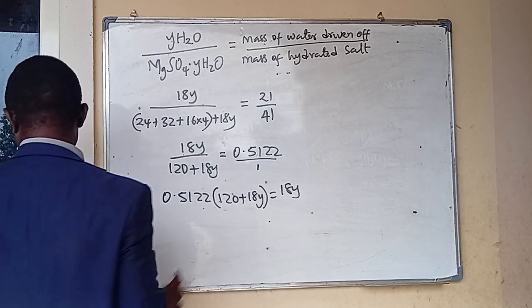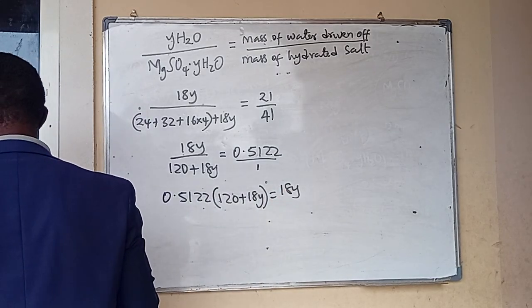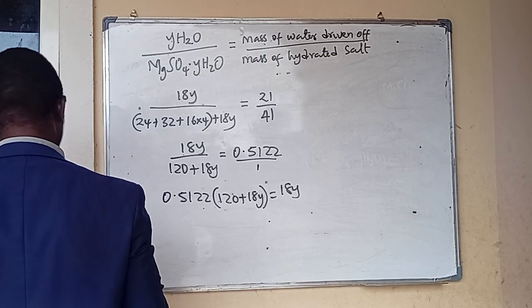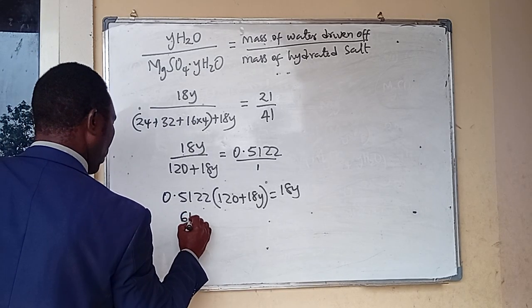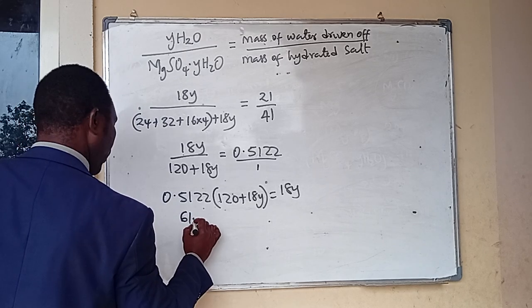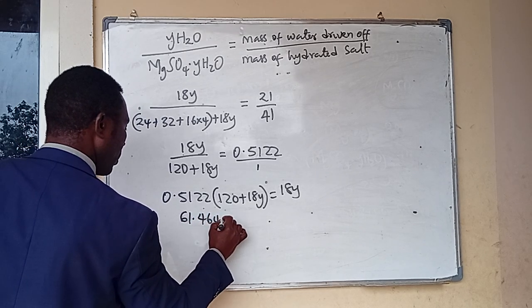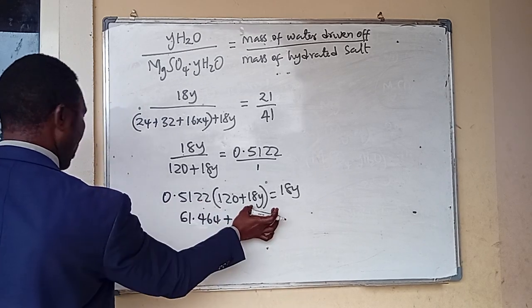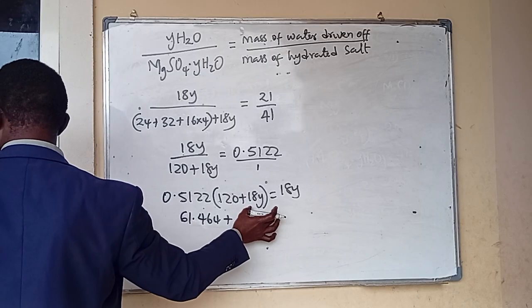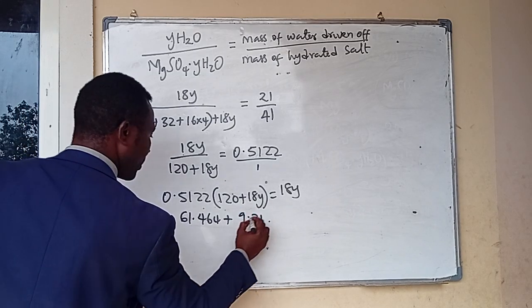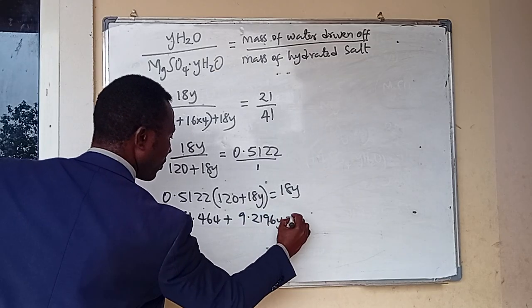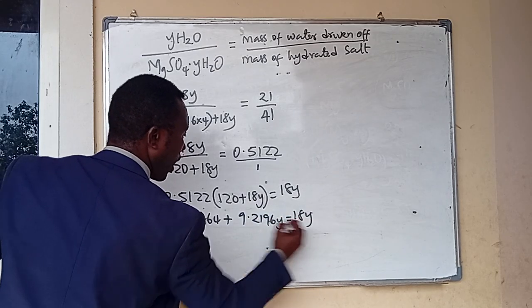Now this multiplied by this, we need a calculator. That will give us 61.464, then plus this multiplied by 18Y will give us 9.2196Y, which equals 18Y.